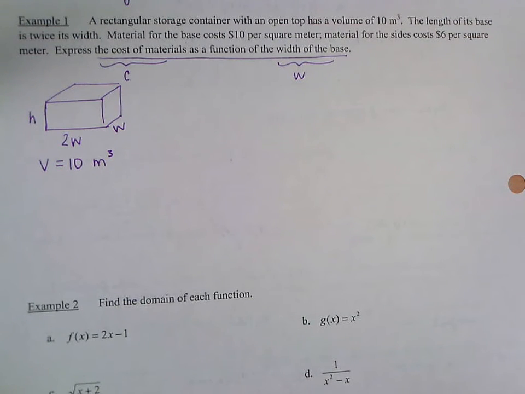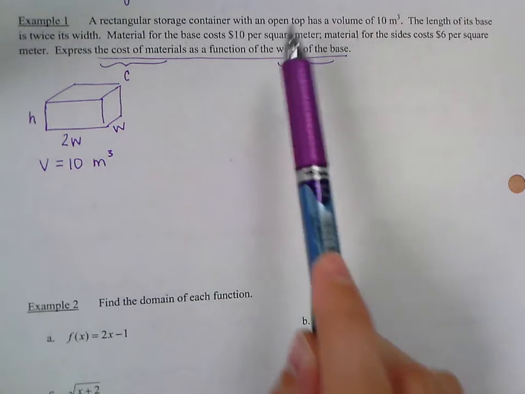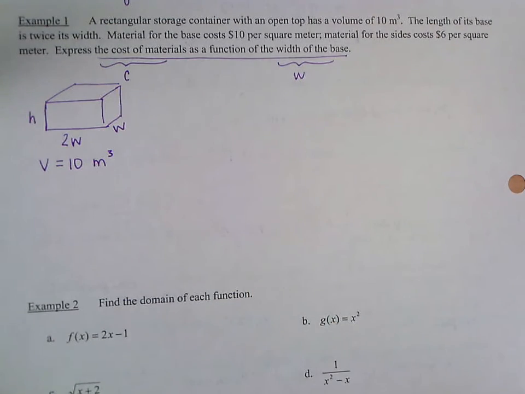What I mean by that is we're given volume, but do we want area, surface area? Do we want to write an equation for volume? If they're talking about material to make something, what are they talking about? The surface area. So we need to come up with a surface area equation, and then we can apply the actual costs of the different parts of that box to our surface area.